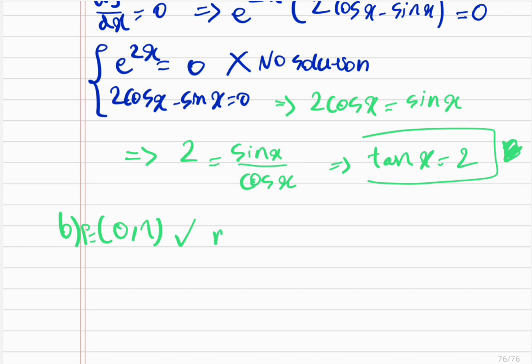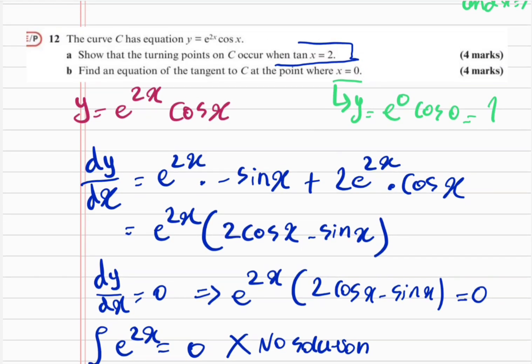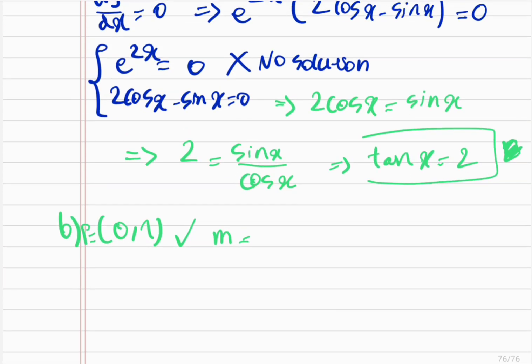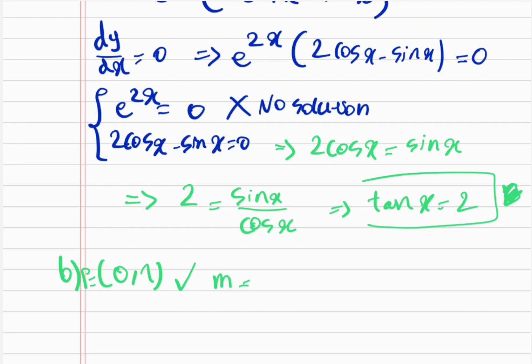That's the first thing. For the second thing, we need the gradient of the tangent line before we can find its equation. In order to find the gradient of the tangent line, we just need to substitute the x coordinate of the given point into the equation of dy/dx, because that allows us to find the gradient at that point. So when x = 0, let's see what the value of dy/dx is.